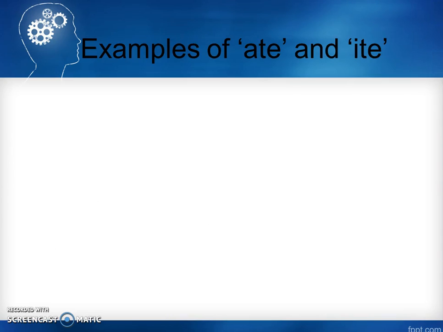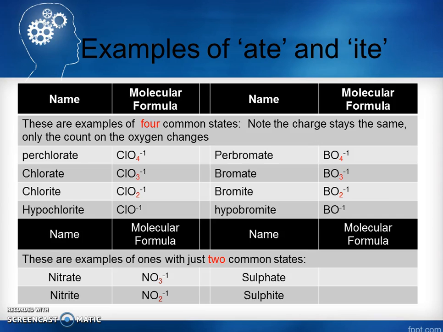So examples of -ate and -ite. These are examples of 4 common states. Note the charge stays the same, only the count of oxygen changes. So the per-ate would mean the highest oxygen, with chlorine: ClO4, perchlorate. Chlorate, one less oxygen, ClO3.